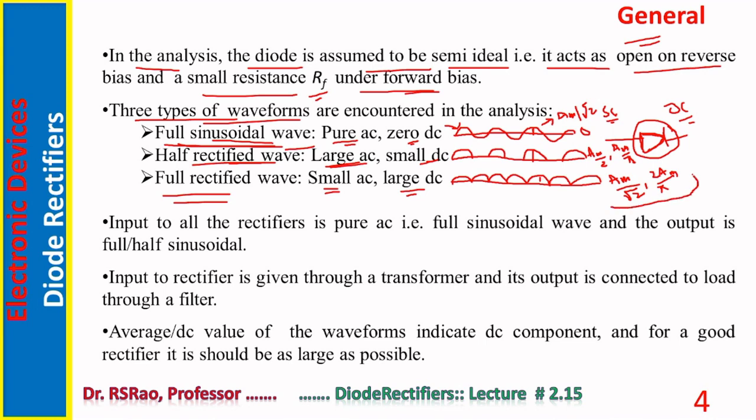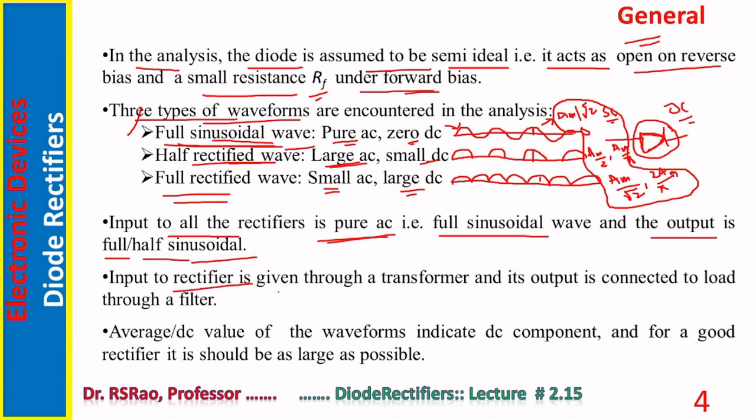These values require to be in the background in our minds while we are going to understand the functioning, the analysis of rectifier circuits. Input to all the rectifiers is pure AC, full sinusoidal wave, and the output is full or half sinusoidal.